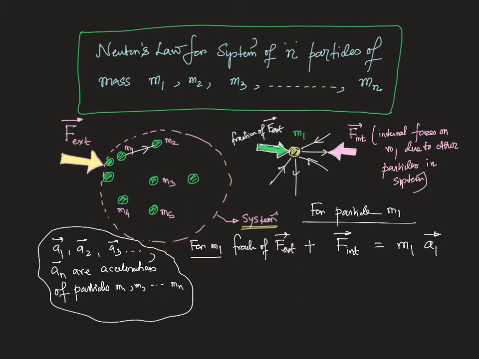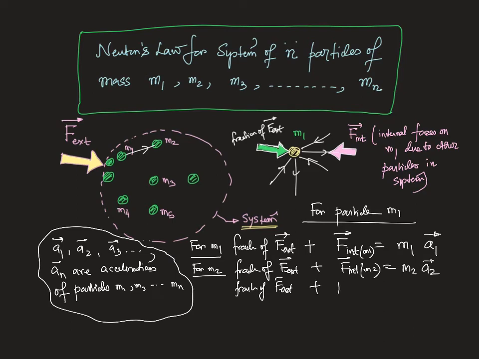Okay. Now similarly for m2, what can we write? Again a fraction, maybe a different fraction, of F external plus F internal equals m2 a2. So F internal on 1, this is F internal on 2. Similarly, for m3 we can write a fraction of F external plus F internal on 3 equals m3 a3.